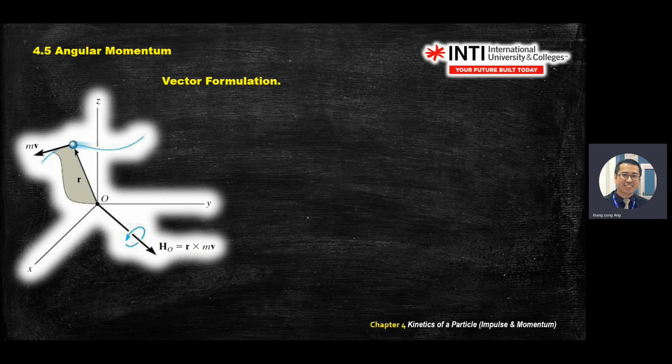So if we change the diagram, let's say you have a vector going in that direction with a path and the location r. Again, use your right-hand rule. The momentum is your fingers. So you curve your fingers, you get the direction of your angular momentum.